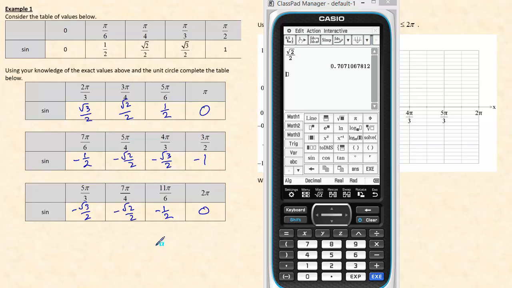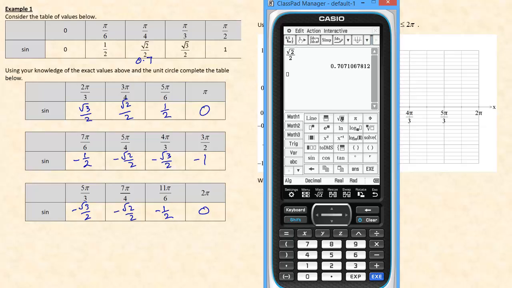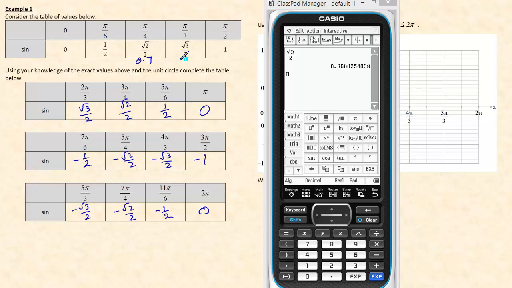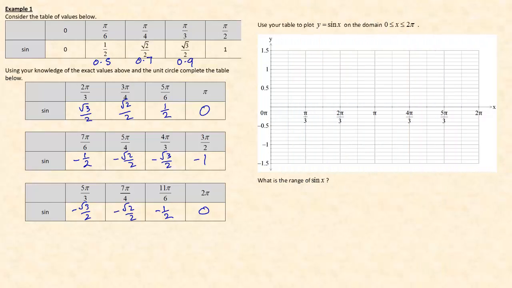So that's about 0.7. We're not going to be able to plot any more accurately than that, so we can say that that one is 0.7. And then what about root 3 over 2? So root 3 over 2 is about 0.9. And of course half is 0.5, so that should enable us to plot.